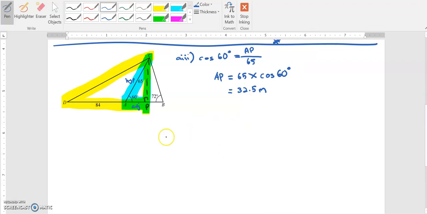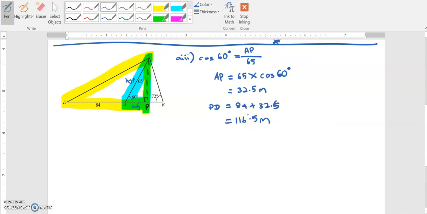Now that I know what AP is, I can find out my PD. My PD, therefore, will be 84 plus 32.5 meters, so that will give me a total of 116.5 meters.